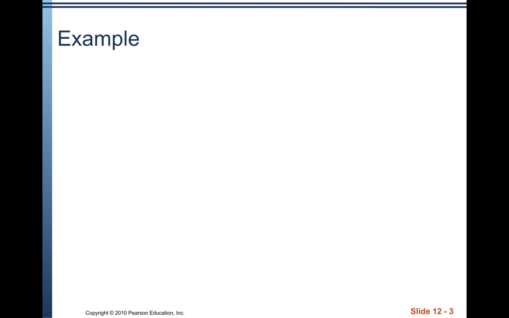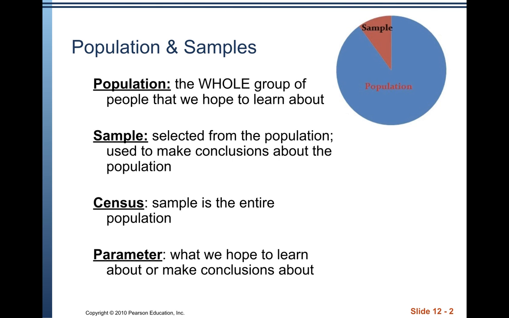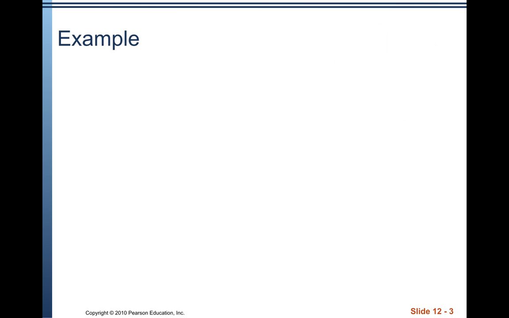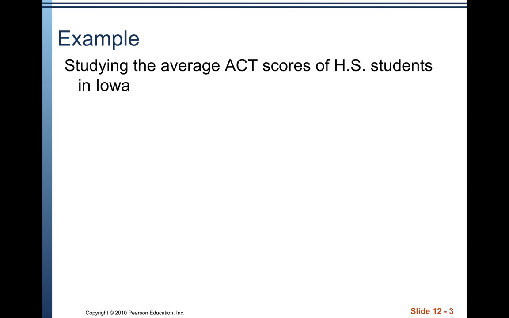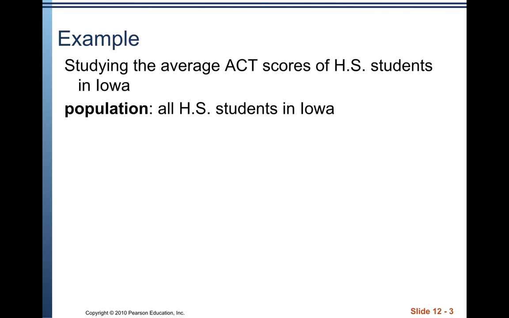I have an example just to give you an idea of what I talked about on this slide. I kind of stole this from the textbook. Say we were trying to study the average ACT scores of high school students in Iowa. The population would be the high school students in Iowa. That's the group of people we are hoping to learn about.